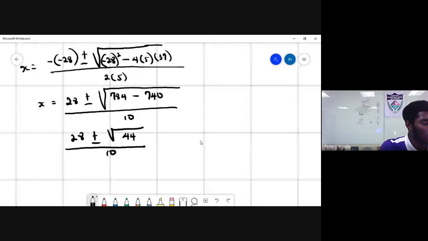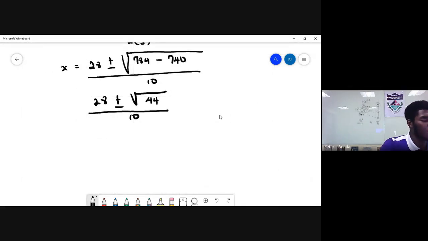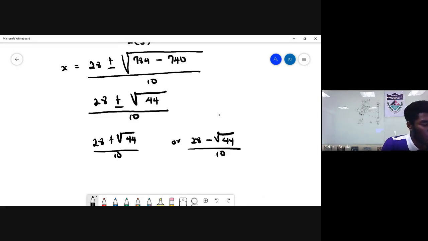If I keep solving this further, my two roots will be equal to 28 plus the square root of 44 over 10, or 28 minus the square root of 44 over 10. All of these are my x.